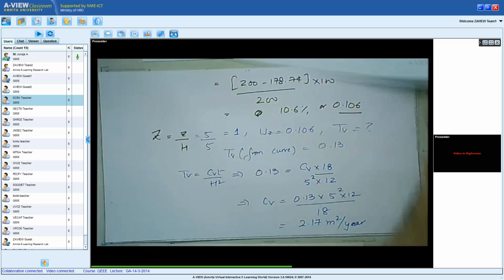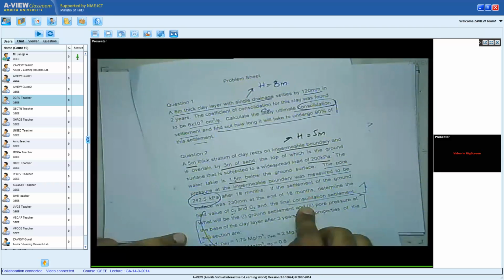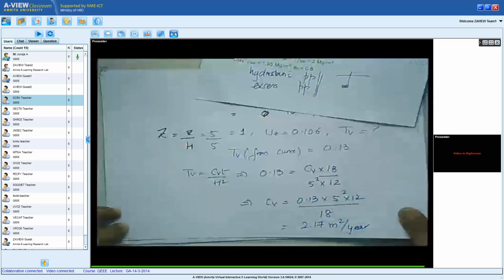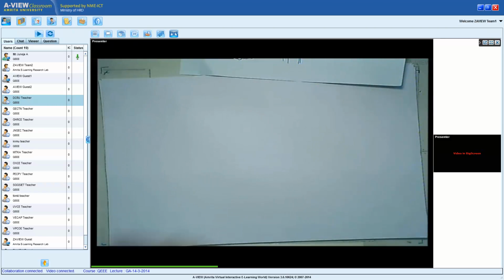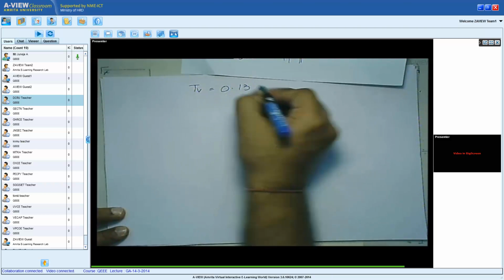Okay, let's go back to the question. The question says, what is the value of Cv, Cc and the final consolidation settlement? Let's look at final consolidation settlement first. I have just deduced a Tv of 0.13.